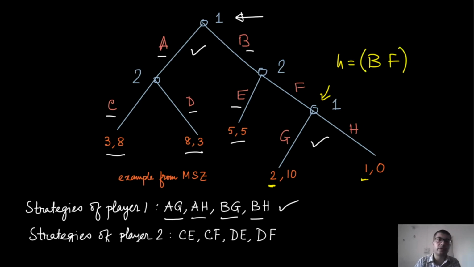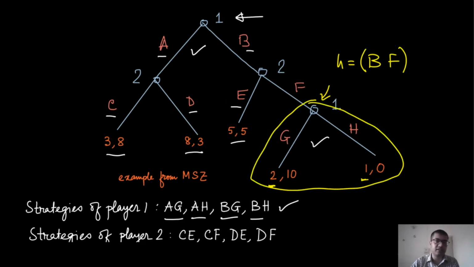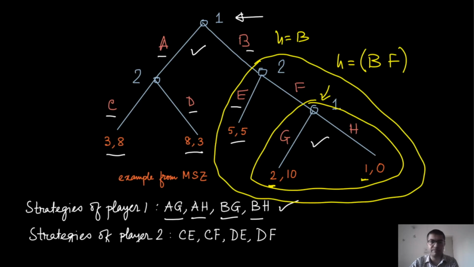This is the sequence of actions that the other two players have played in order to reach this node in the game tree. The subgame rooted at this history H is just this part of the game. You can see that this is also a perfect information extensive form game. Similarly, if you are at the history of B, then this part is the subgame.